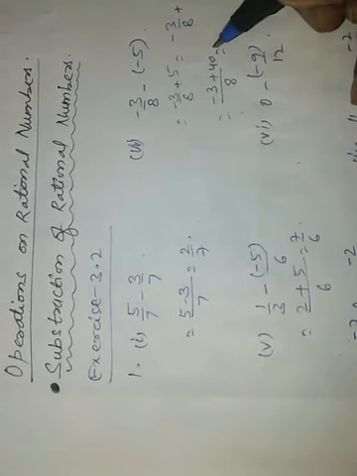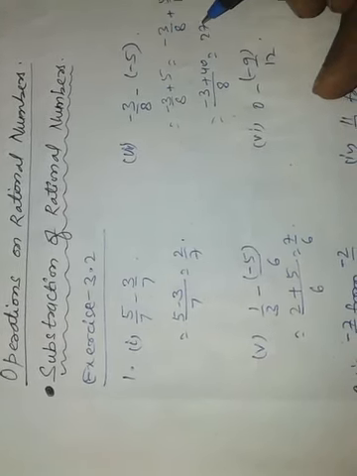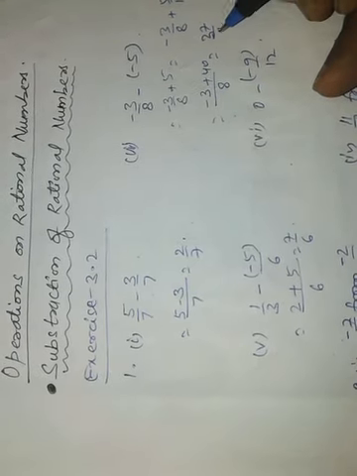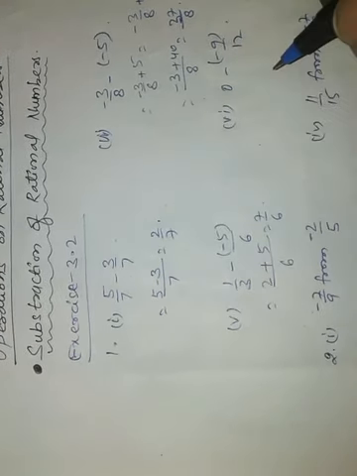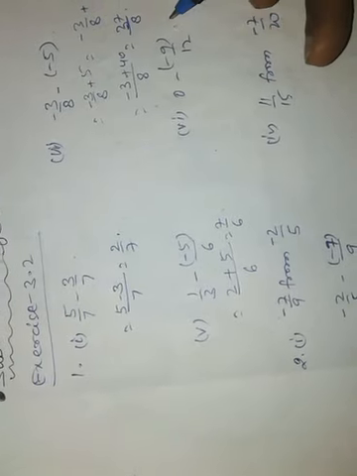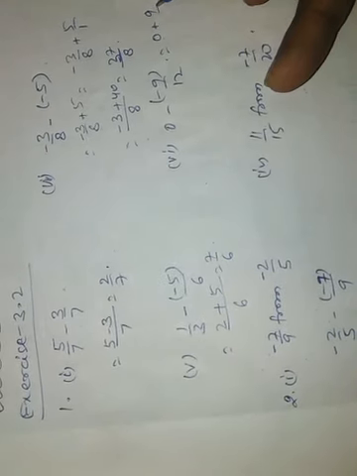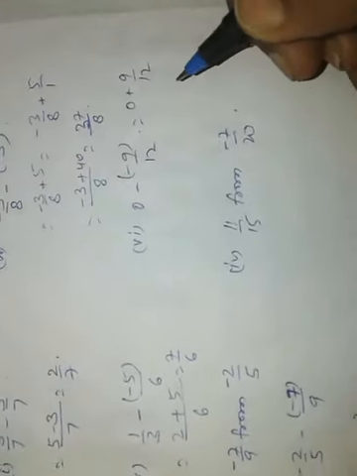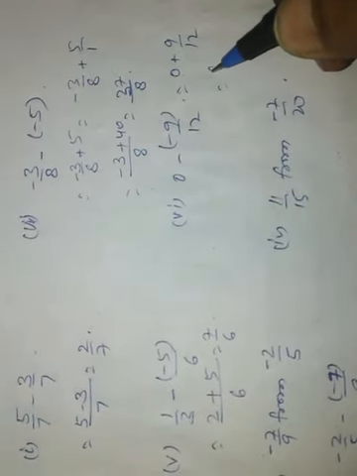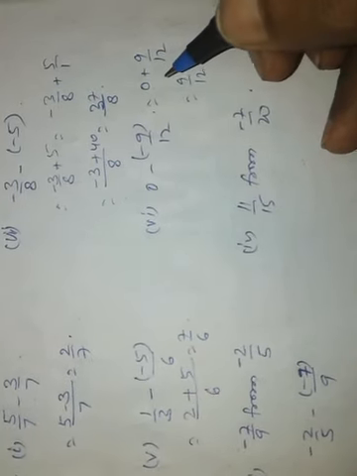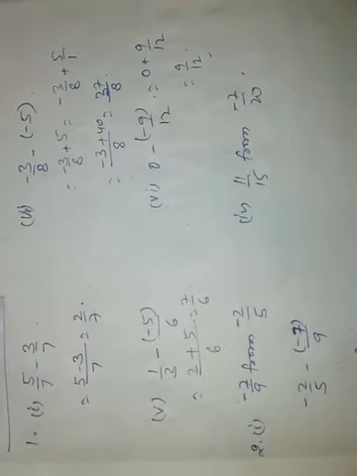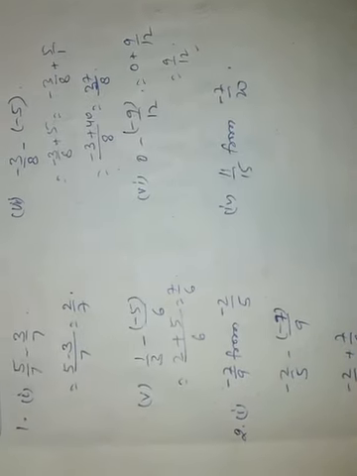So 40 minus 3 is 37, that is 37 by 8. This is our answer. And here first we change the sign, minus 12, and you know whatever number we add to 0, we get the same number, that is 9 by 12. No need to take the LCM and go further. Directly in the second step you get the answer.